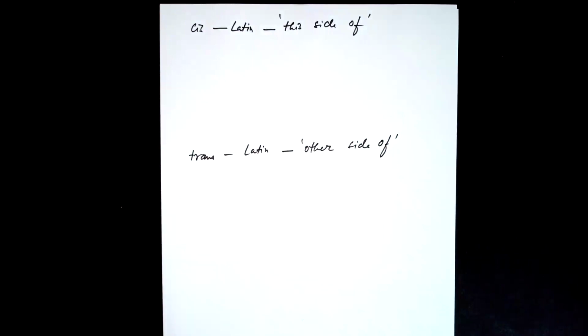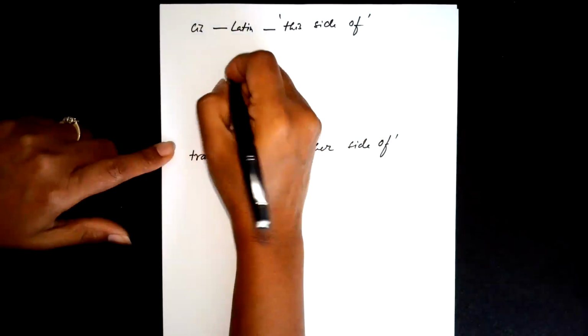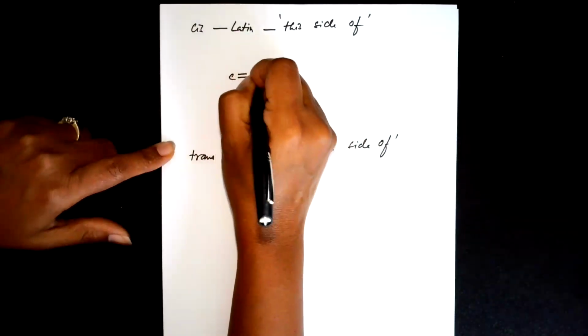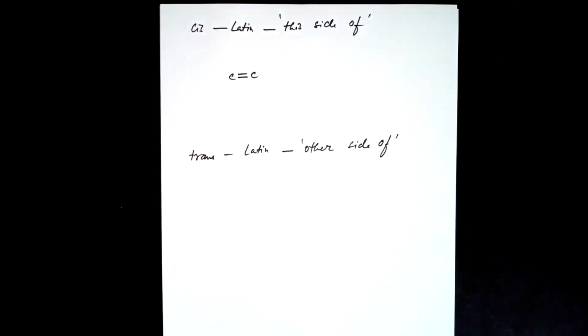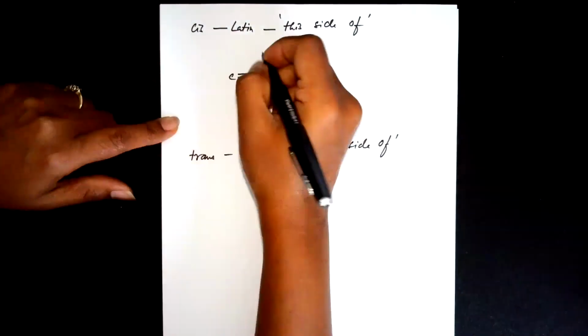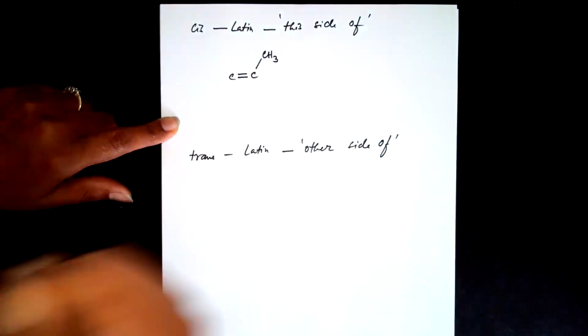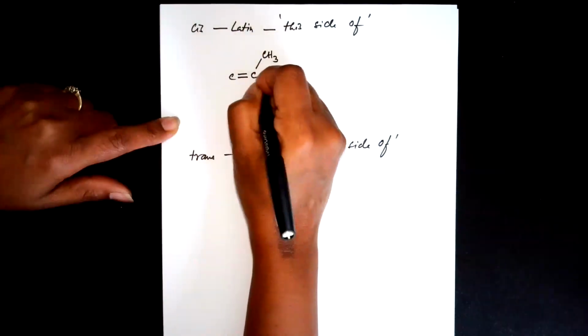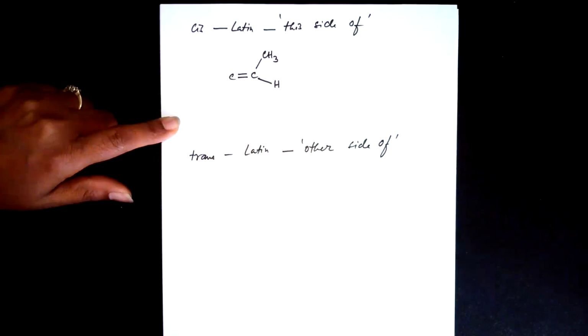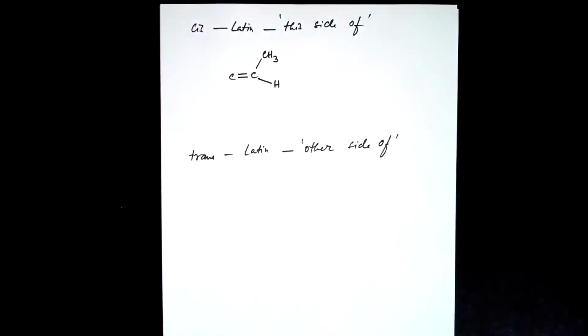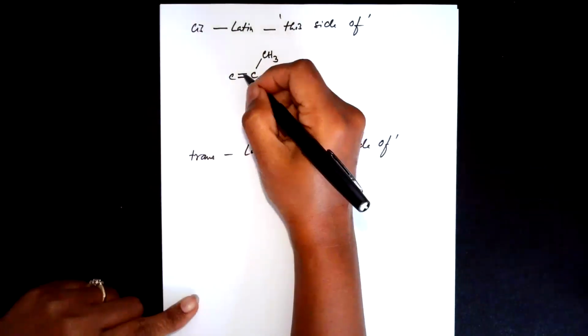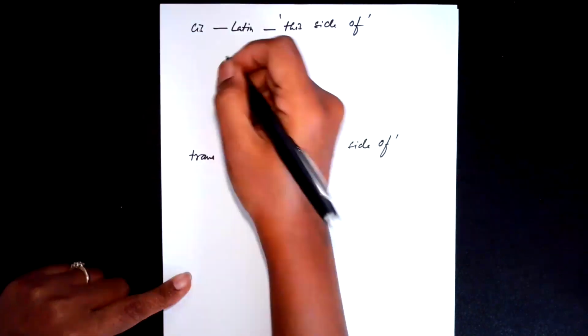So cis-trans isomers are best drawn with the help of alkene type of molecules. Alkenes would mean I have a CC double bond. So in one of these compounds, let me draw a CH3 group on one of the carbons. The other side could have a hydrogen. Remember, carbon has 4 bonds around it. So 1, 2, and then 3 and 4.